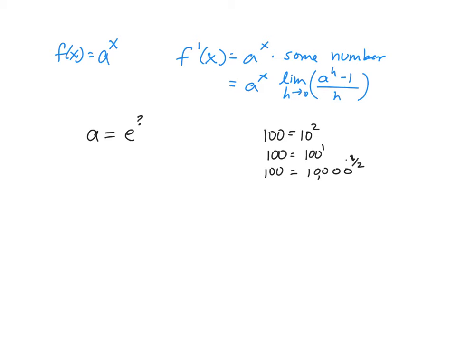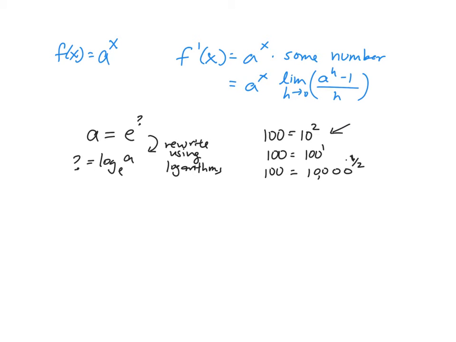So a is e to some number, and the way we find that number is we use logarithms. We can rewrite this statement using logarithms to say that the exponent, question mark, is equal to the logarithm base e of a.